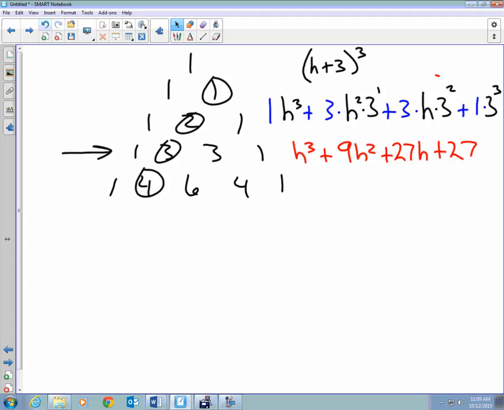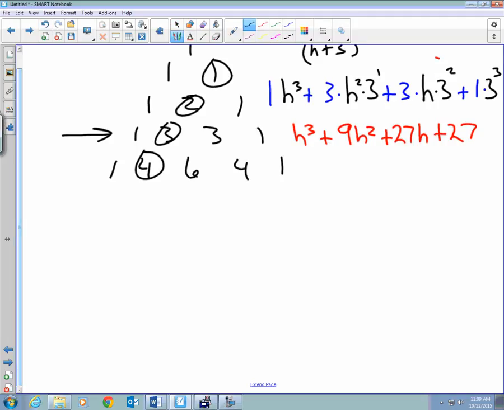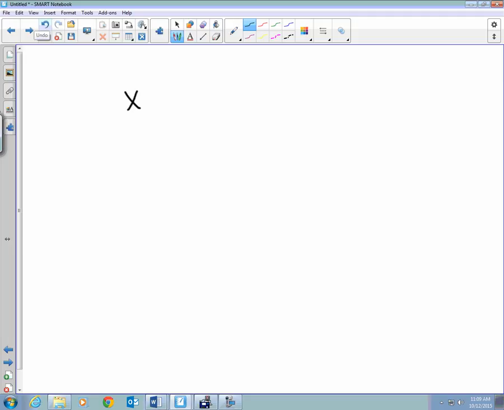How did you know the coefficients were 1, 3, 3, 1? If you take x plus y to the fifth power, you know you're going to get x to the fifth and y to the fifth, right?